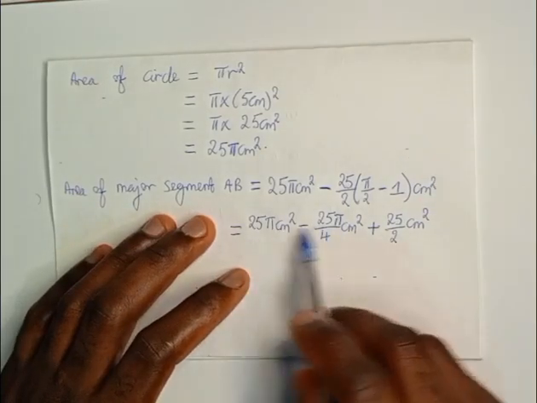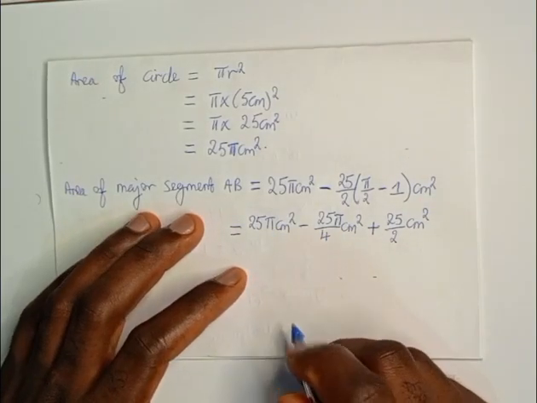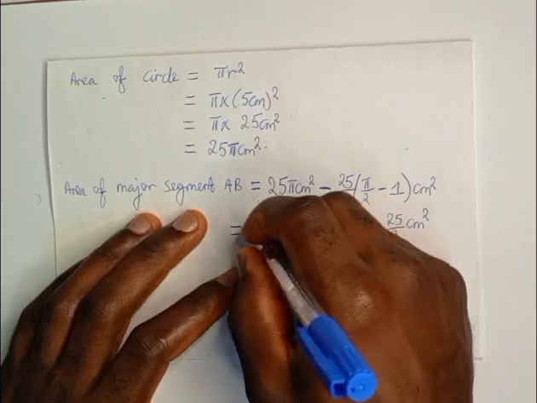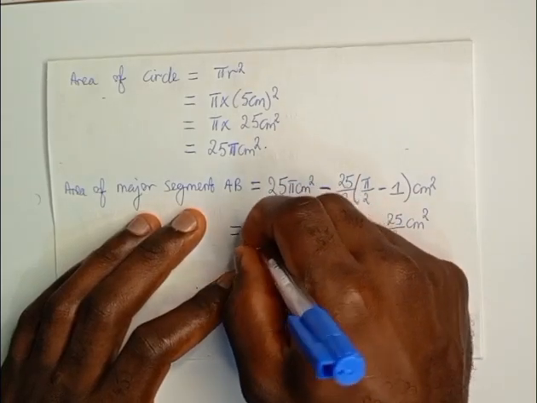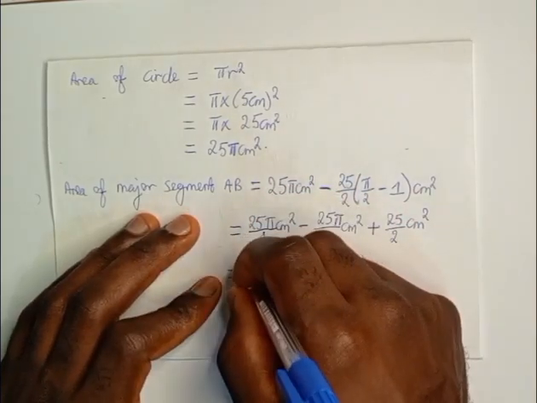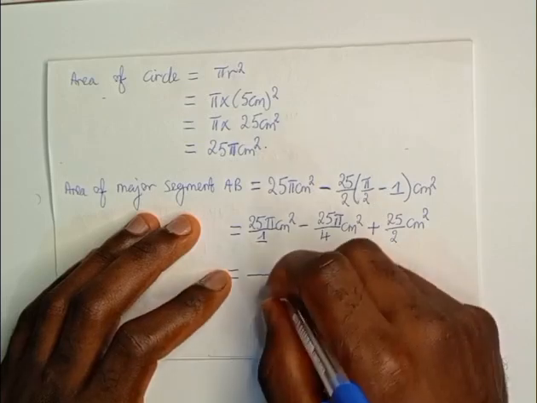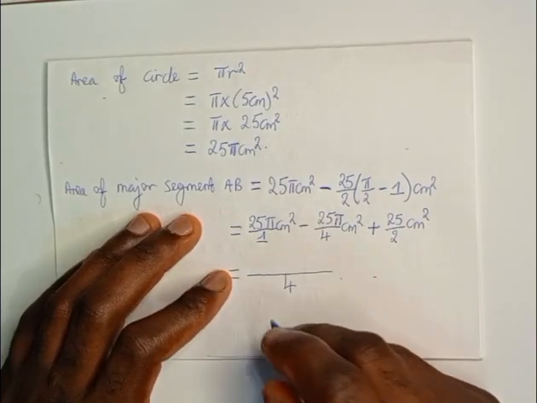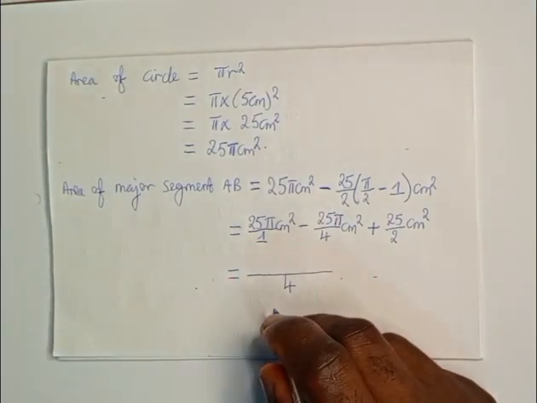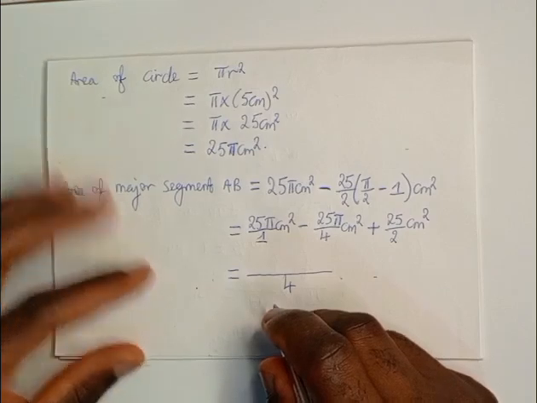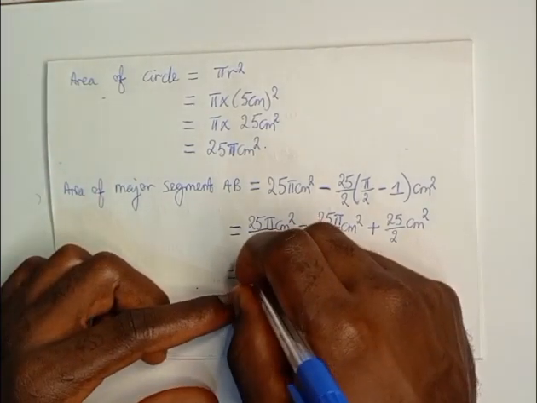You see that this and this, they are like terms, we can subtract them. 25 pi can be written as 25 pi over 1. The LCM of their denominators is simply 4. 4 divided by 1 gives 4. 4 times 25 gives us 100.